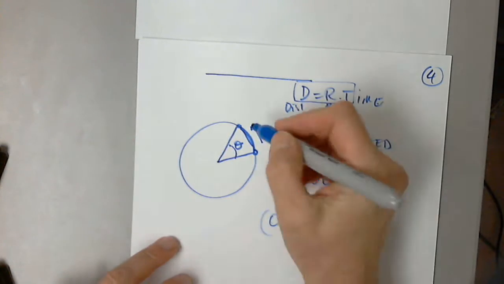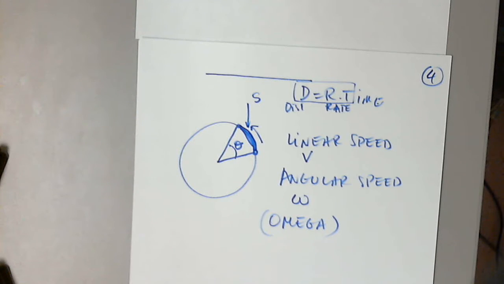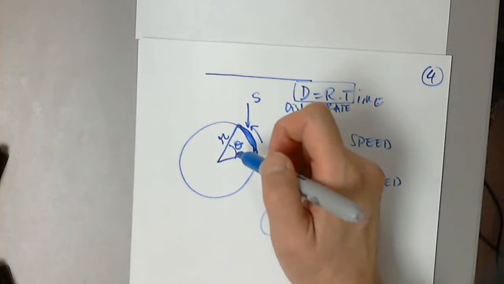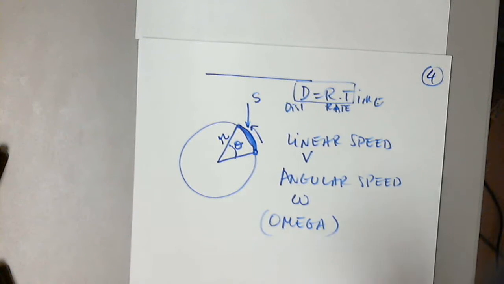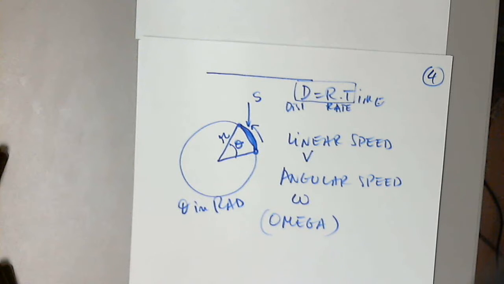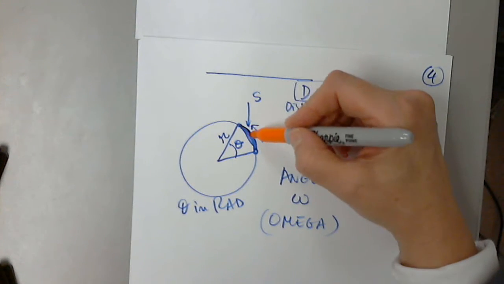So remember we determined this, which is the length of the arc. We know that this is the radius, and we have the central angle theta in radians. So the linear speed is the distance divided by time, distance being the arc length.